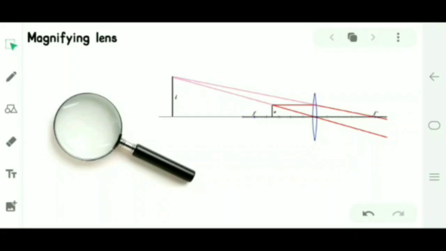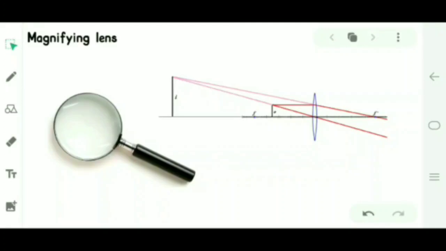In the given figure, you can see this is the last case of the convex lens. Yes, when the object is very near to the lens, the case is between the focus and the optical center. The midpoint of the lens is called the optical center, and this F denotes the focus.